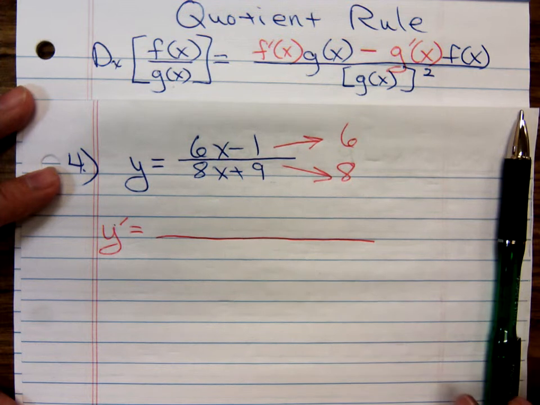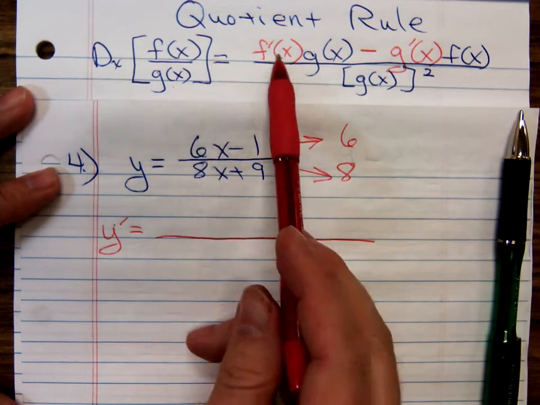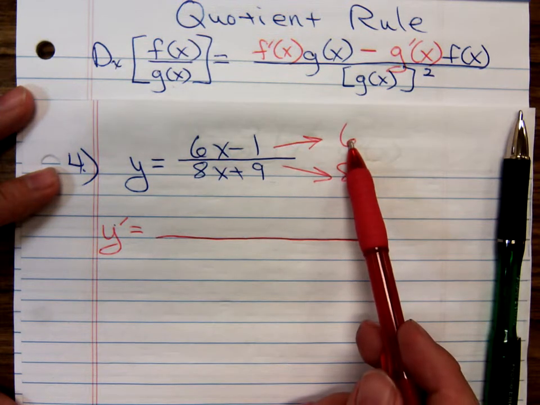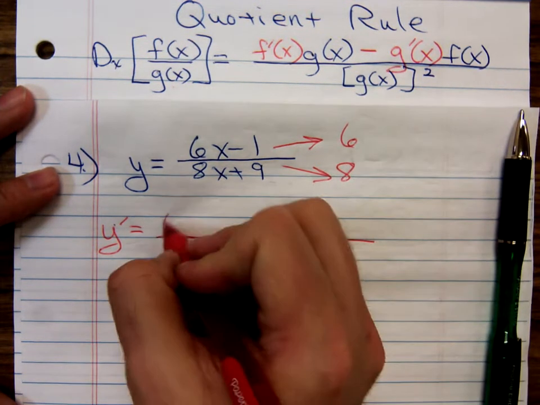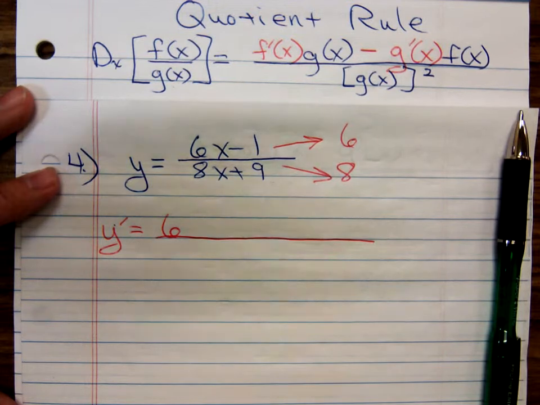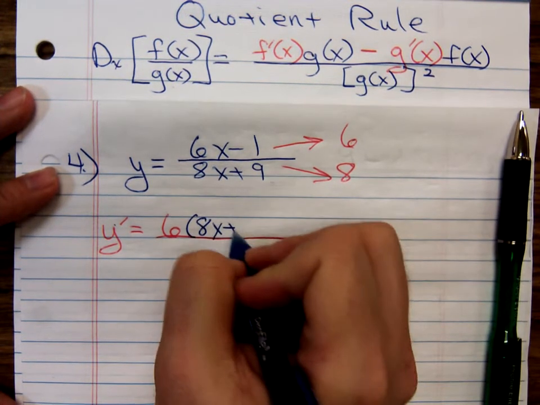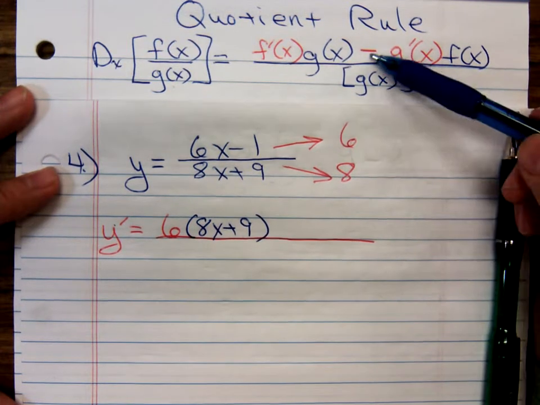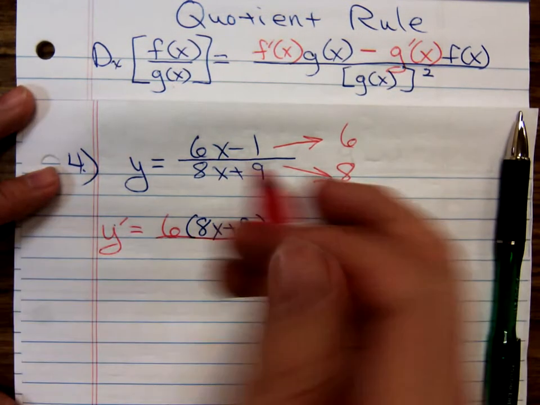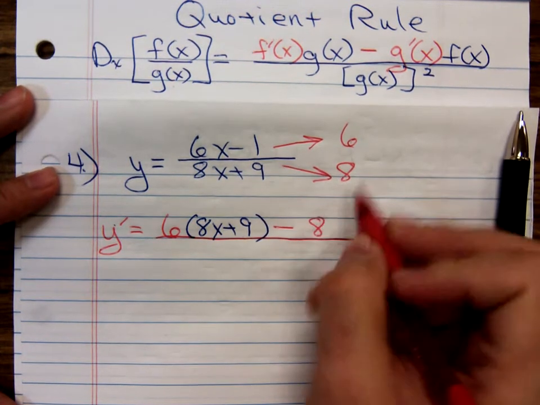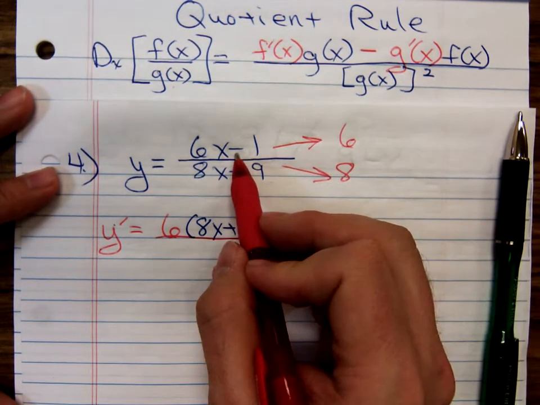It's the derivative of the first times the original second. So the derivative of the first is 6 times the original second, which is 8x plus 9, minus the derivative of the second, 8, times the original first, 6x minus 1.